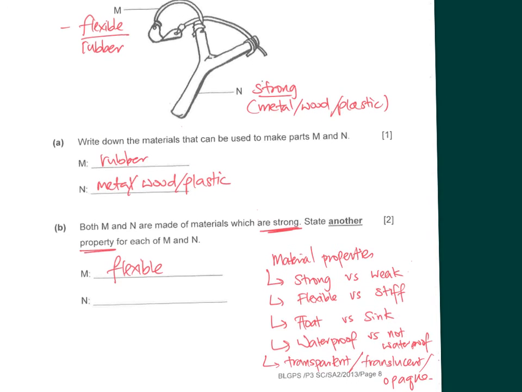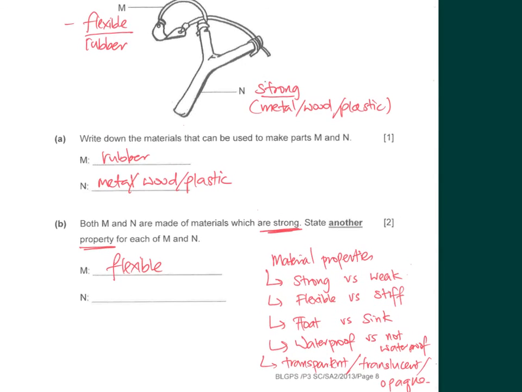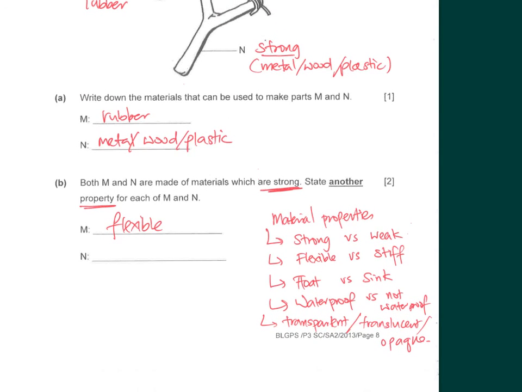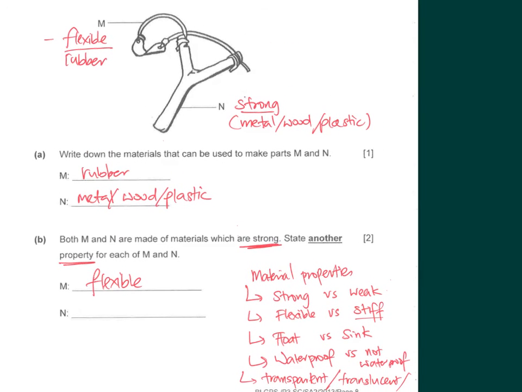So since strong is being ruled out here, what else can we put in? That actually makes sense and is relevant to the question here. I think the answer should be stiff, because you do not want this part N to be bending when you are actually pulling on this part here.